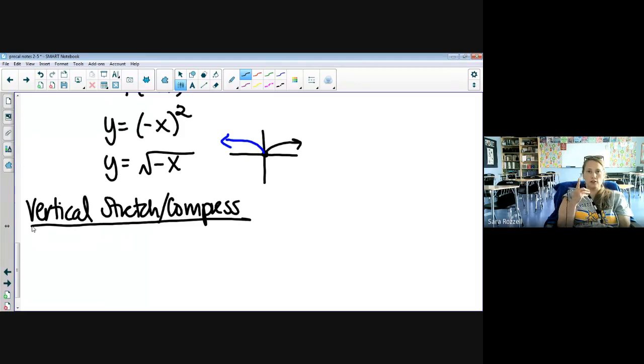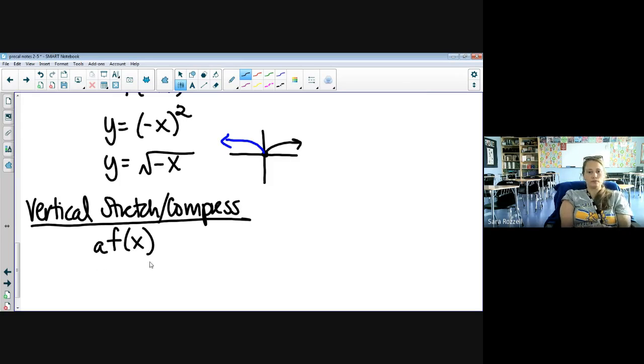Just like with the vertical shift, just like with your vertical reflection, your vertical stretch and compress, the number is going to be on the outside. Just like those, the negative sign was on the outside, the plus or minus was on the outside. For vertical stretch or compress, it's coming on the outside of the function. You're going to multiply that number at the beginning.